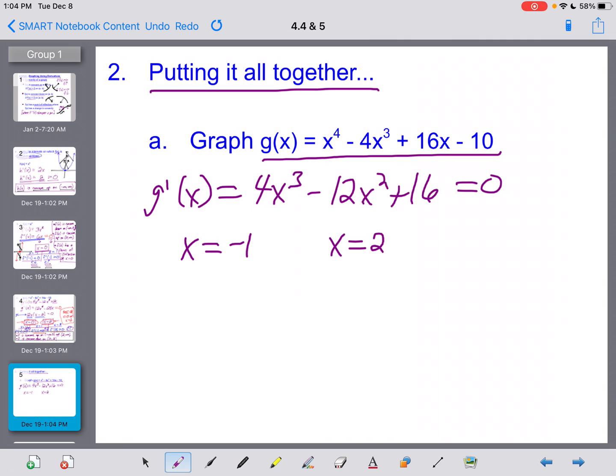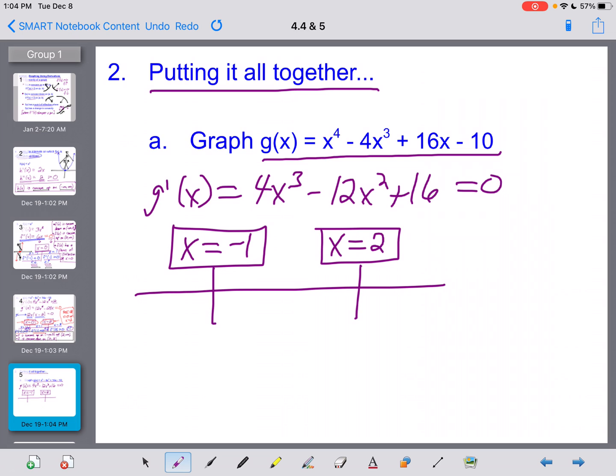And what we found then, everybody, let me go ahead and do just a condensed version of this sign chart here. And if you're not sure where this came from, go back and look at the video from the second part of 4.3. What we found here is that on this first interval, g was decreasing. On the second interval, g was increasing. And on the third interval, g was still increasing.